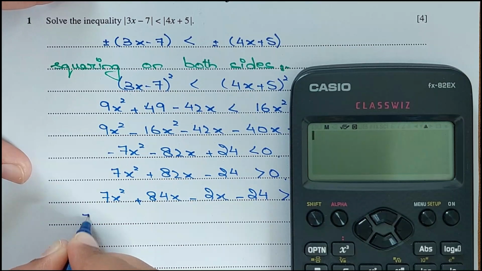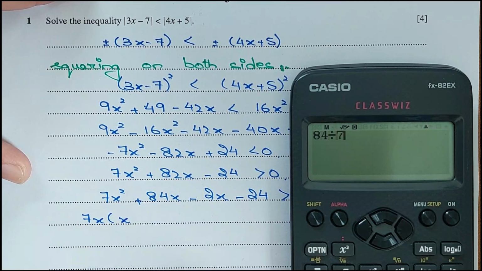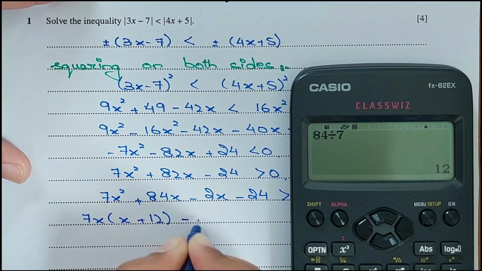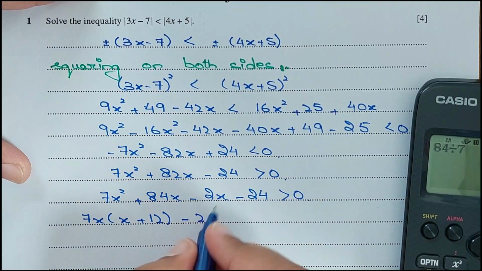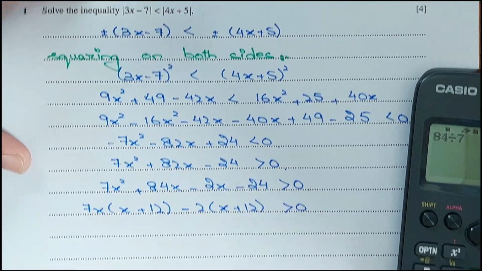Let me take 7x common from the first two terms: we are left with x plus 12 (84 divided by 7 is 12). Taking minus 2 common, we have x plus 12. This is greater than 0.